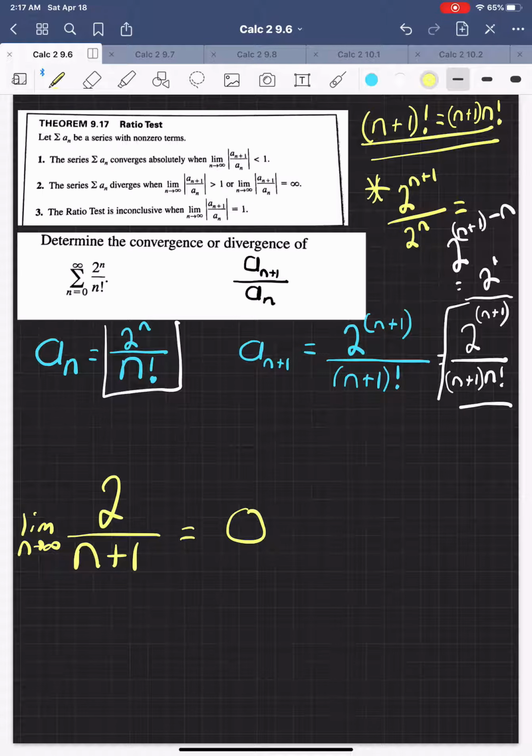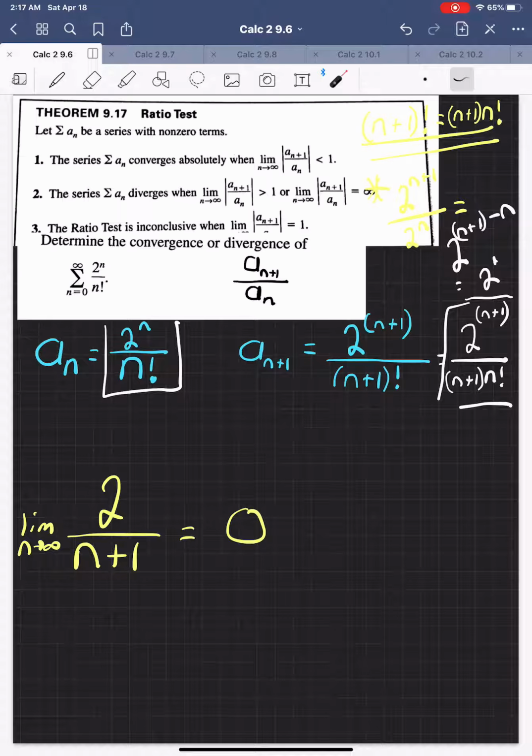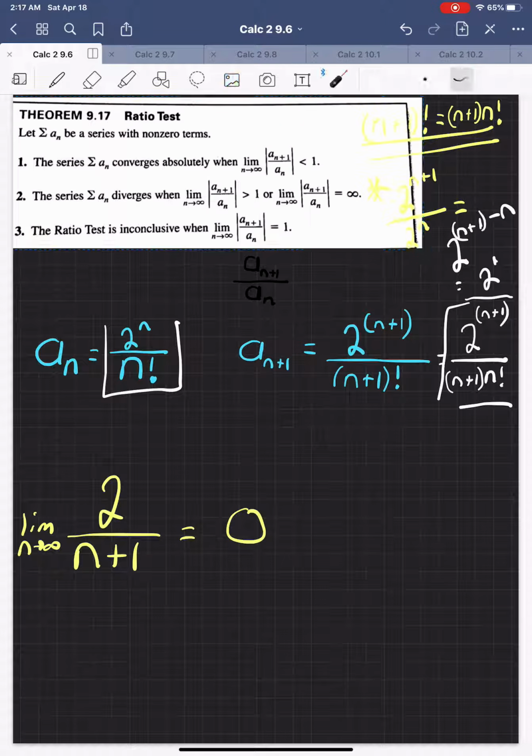Now, our goal right now is to figure out, and I hope that you can see this, I'll see if I can make it a little bit larger for you, which one of these tests, or what conclusion we can draw, if any. So here's what it says. First off, if you take your limit and it's less than 1, you get to make a statement.